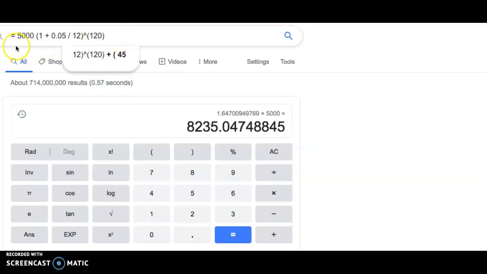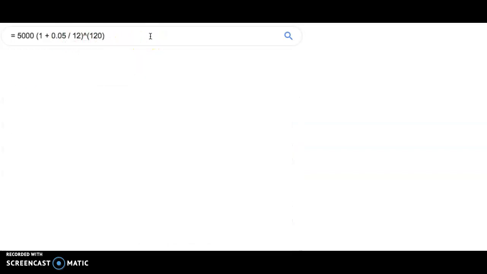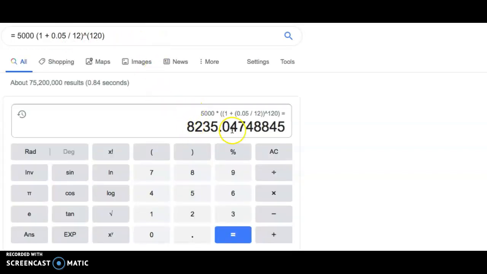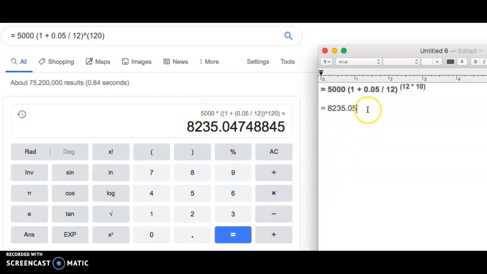So let's see if Google can calculate all this for me. 5,000 times 1 plus my 0.05 divided by 12 to the 120th power. And what do we end up with? The same answer. So a fast and easy way, making sure that all your parentheses are correct, and change this here to a caret. And I actually would change this to a 120.